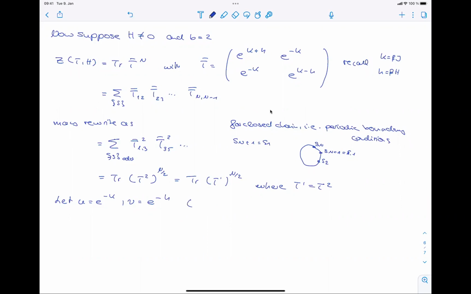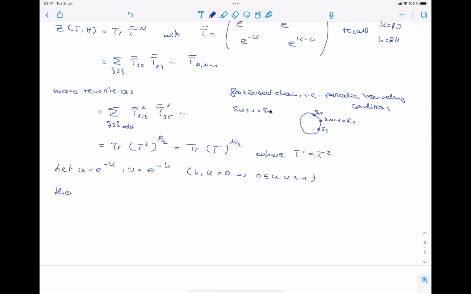Remember, h and K are both positive values. So we know that then u and v are between 0 and 1.